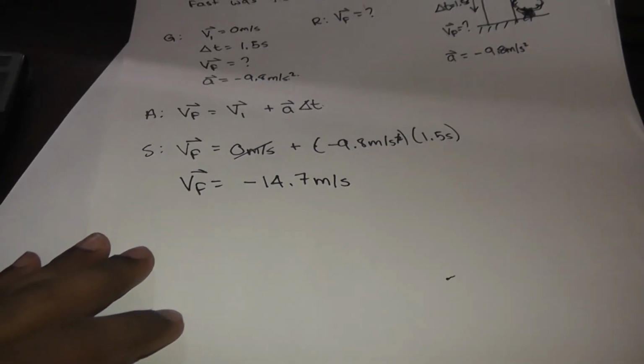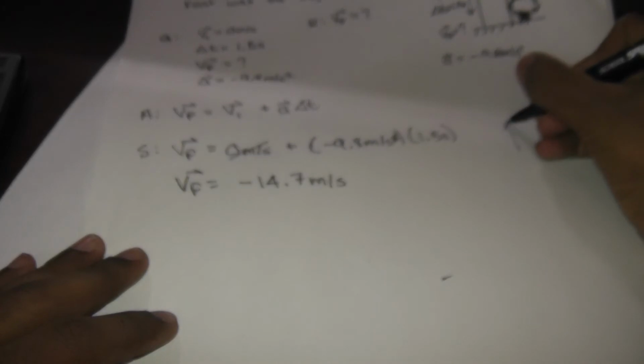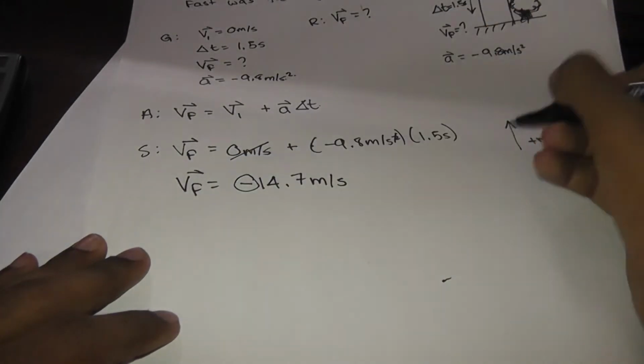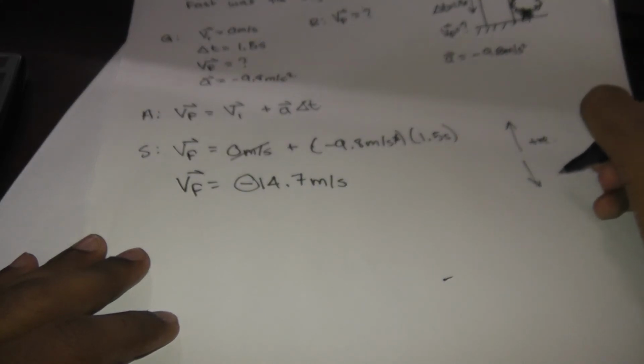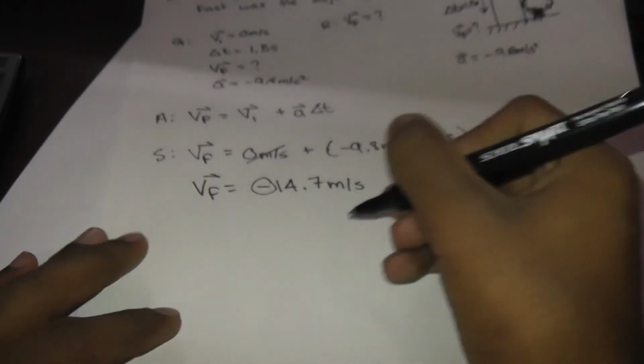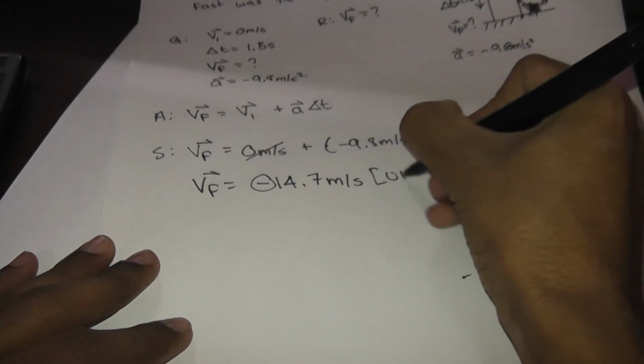And when we were first doing this problem, the positive direction was up, and because this is negative, that means it's going in the opposite direction. So our positive now is going down. So the positive value is down. So this used to be up.